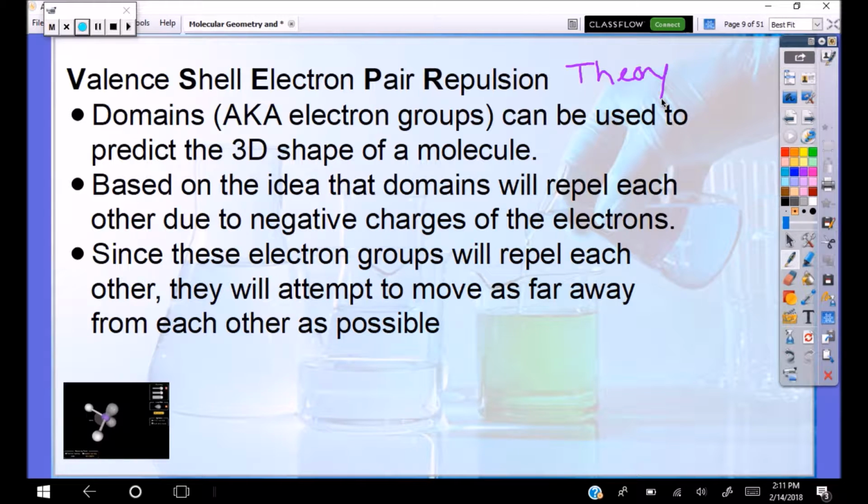It's based on the idea that domains will repel each other due to the negative charges of the electrons and the electron clouds. Since these electron groups will repel each other, they will attempt to move as far away from each other as possible. Obviously, everything that's attached to the central atom only has a certain amount of space to move, and so we're going to really look at how those things move in 3D shapes.